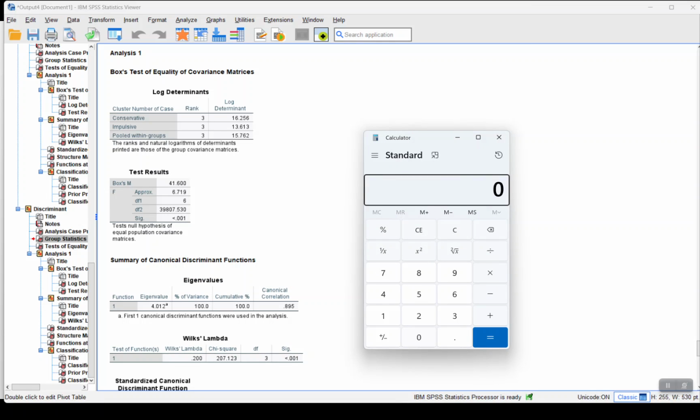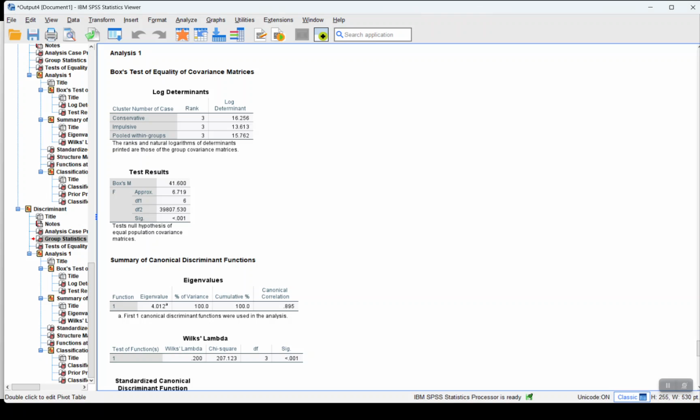How do we do it? We take the canonical correlation and square it. So 0.895 times 0.895 gives us about 0.80, which is about 80%, and that is pretty good in this case.